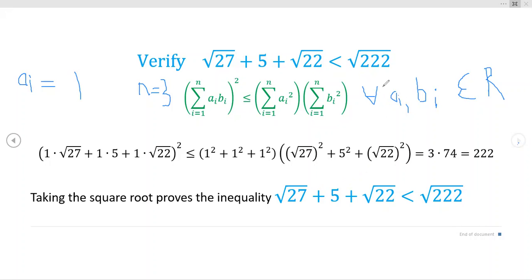Now notice a little subtlety here. This says less than or equal to. Equality holds here, I believe, and I'm a little rusty on this, if your a sub i and b sub i are proportional, and I'll just write it out.